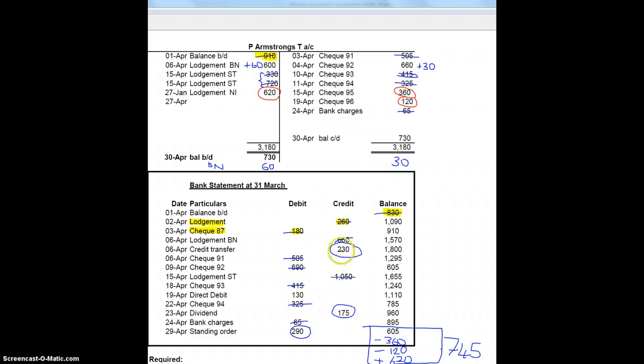And then we put in the items that were not recorded in the T account. So here there was a standing order, money out of 290. There's money out here of 130 as well, I just noticed. So standing order of 290, money out is this side of the T account. So 290.